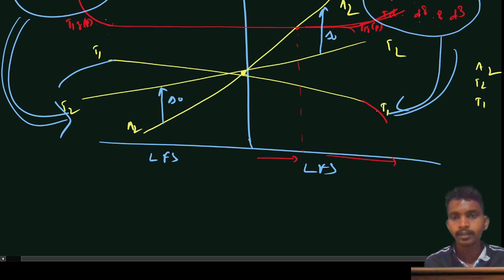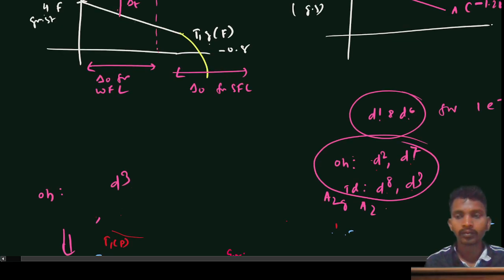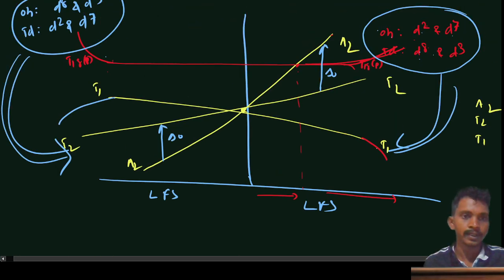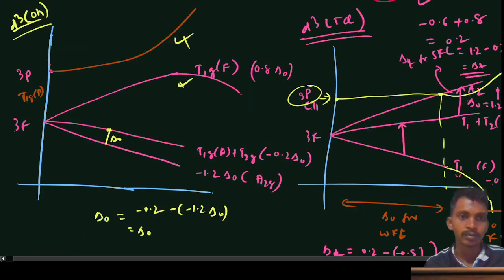So for d8 and d3 octahedral case, there will be no crossover points. Look here, this is d3 octahedral, no crossover points.